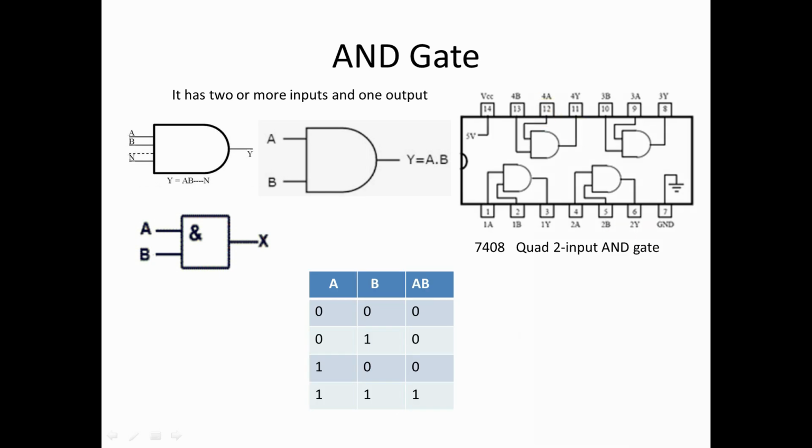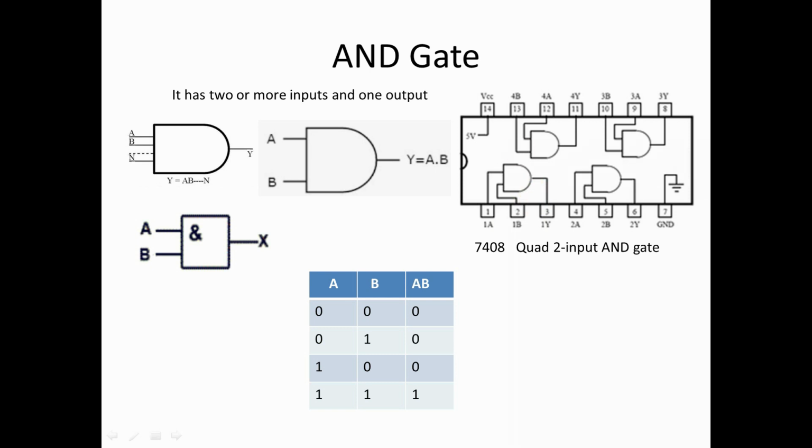And this is the IC, that is 7408, quad 2 input AND gate. It consists of 4 AND gates. This is one of the 4 AND gates, and these are the inputs, pin numbers 1 and 2, and the output is pin number 3.